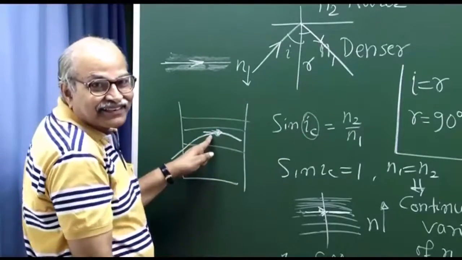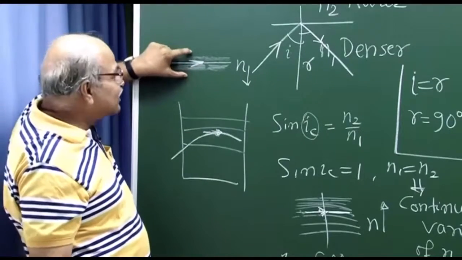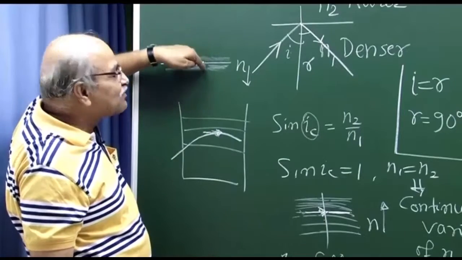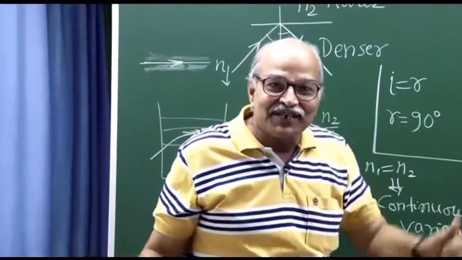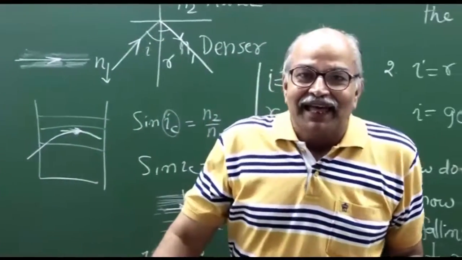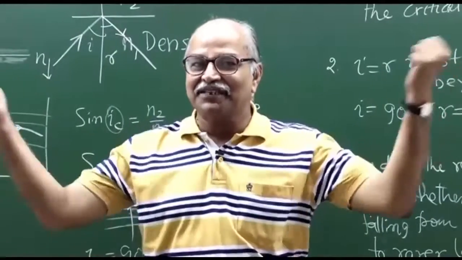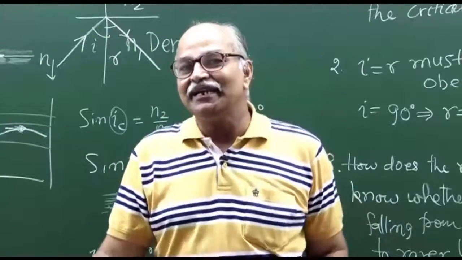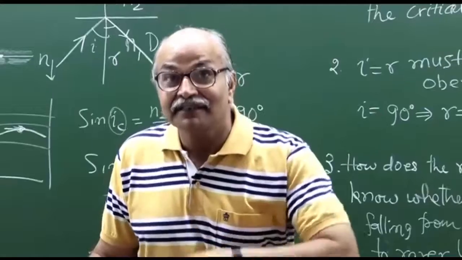So at this point, the situation is like this, and in this situation, you cannot say whether it is falling from here to here or from here to here. So please think on these questions and work out if you can do away with the reflection hypothesis, and can you explain that bending purely on the basis of refraction and Snell's law.